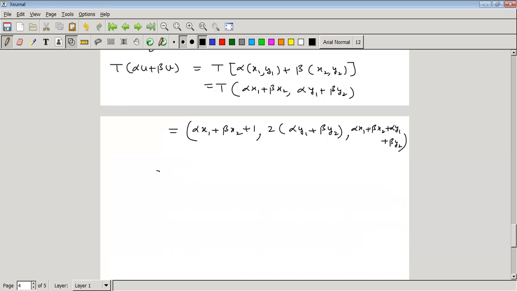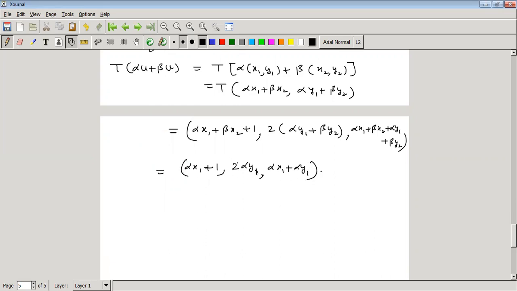Now this is alpha x1, if we add 1 here, alpha x1 plus 1, comma 2 times alpha y1, comma alpha x1 plus alpha y1.